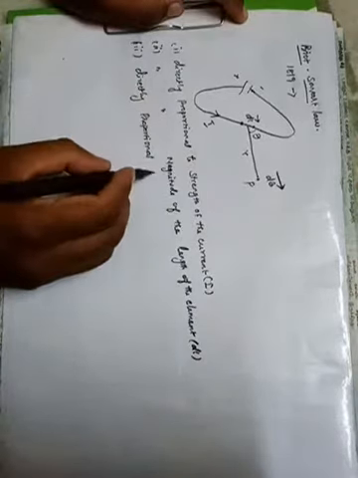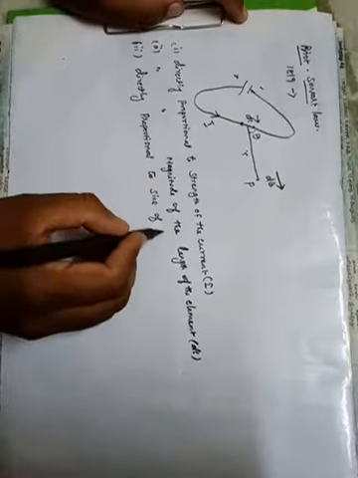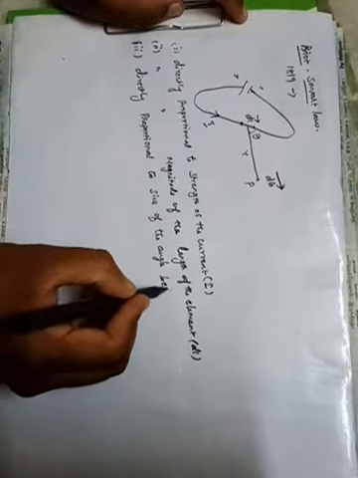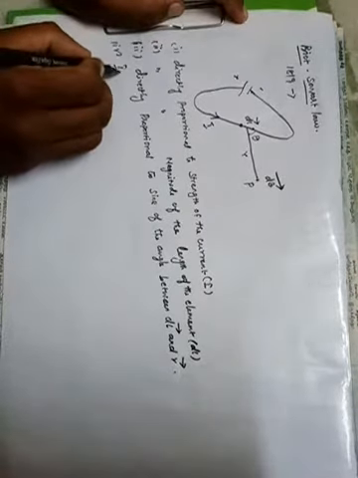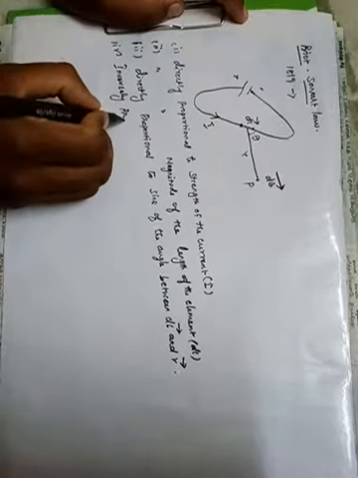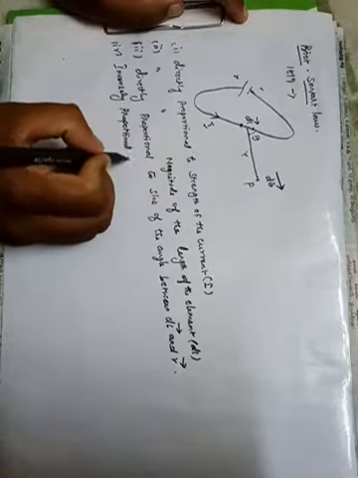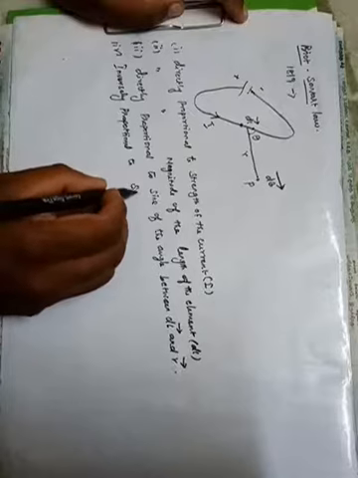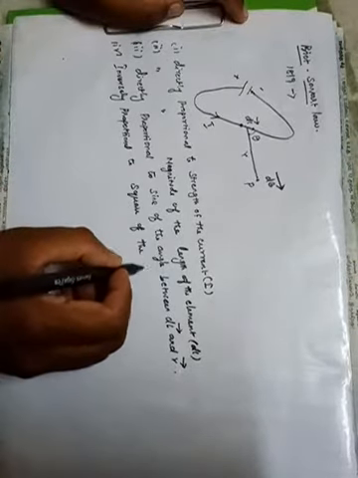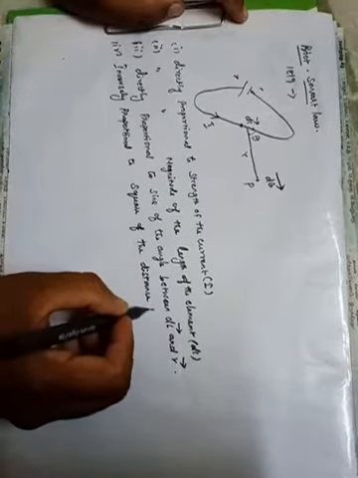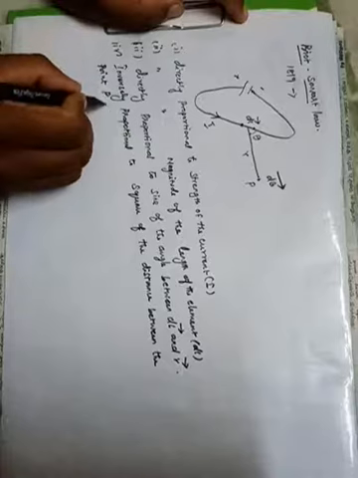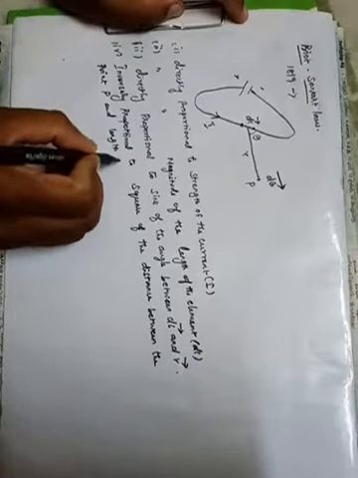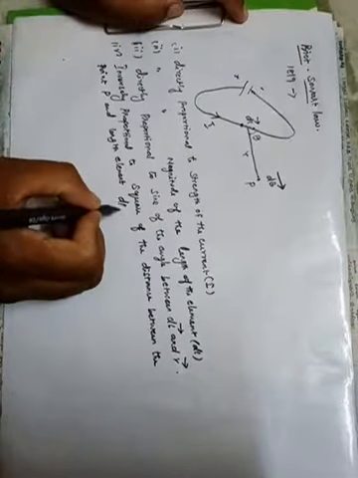It is also directly proportional to the sine of the angle between the elemental length dl and the distance r, and it is inversely proportional to the square of the distance between the point P and the length element dl.